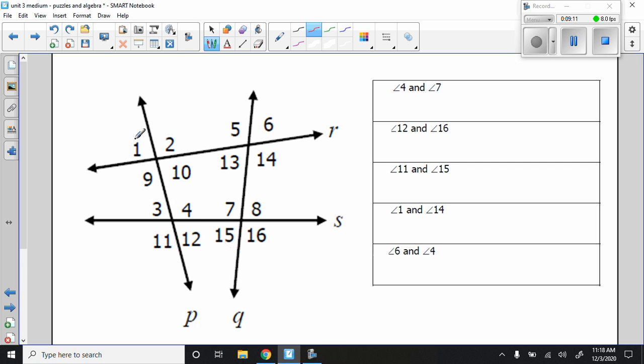1 and 14, both touch the same bridge. They touch R. As I cross this bridge, that's an exterior, that's an exterior. These are alternate exterior. Okay, 6 and 4 do not touch the same bridge.